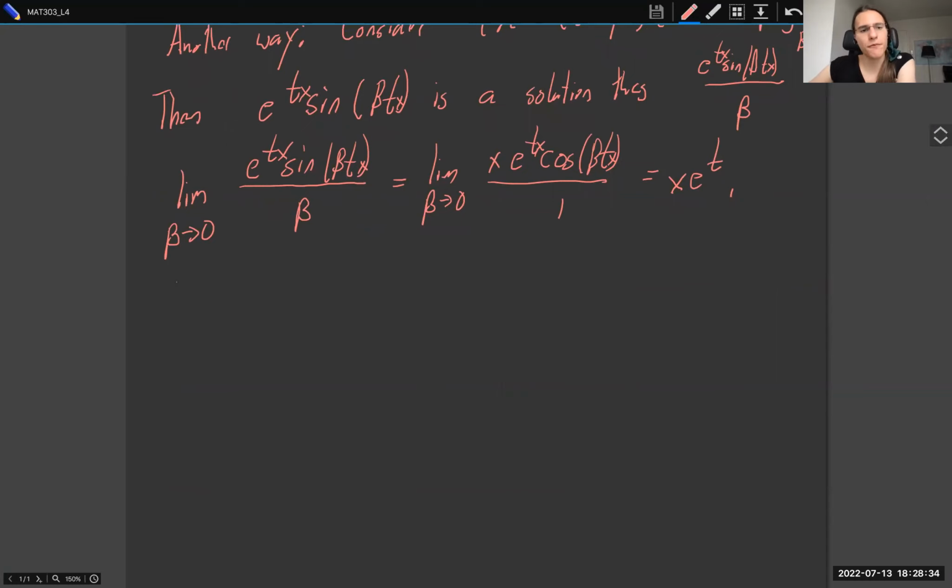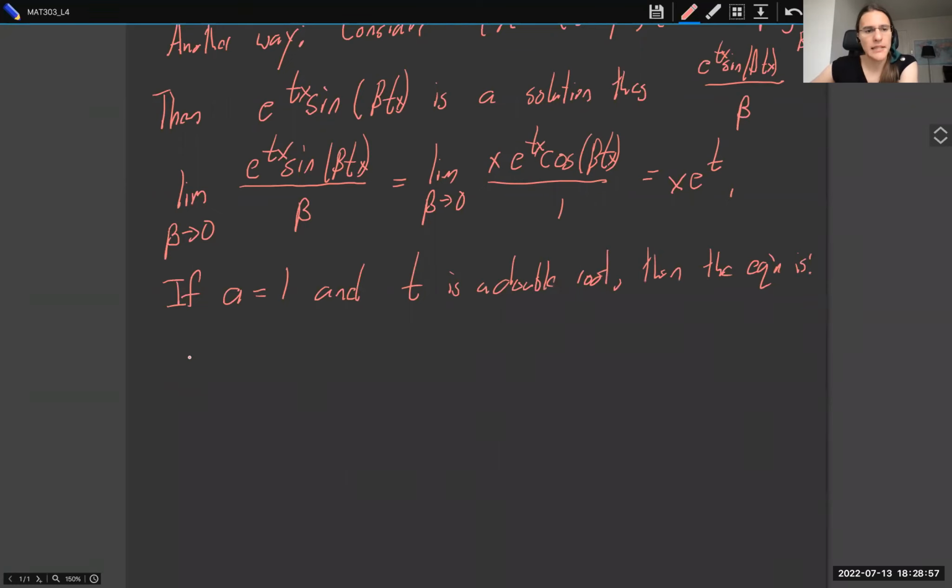First off, if a is equal to 1 and t is a double root, then the equation is lambda squared minus 2t lambda plus t squared is equal to 0.